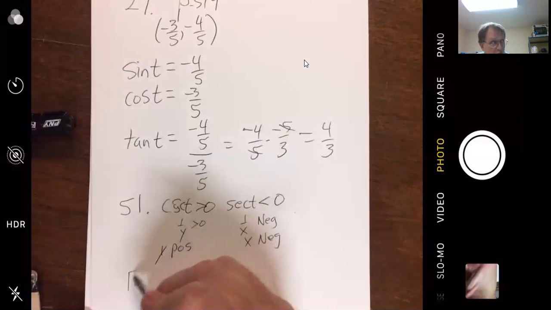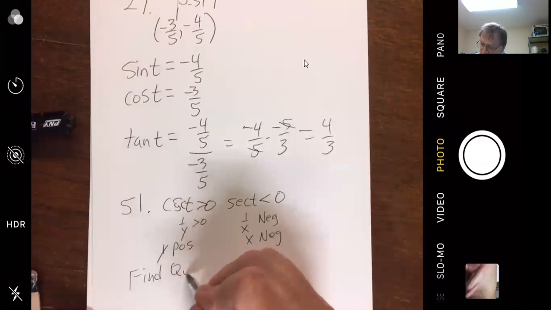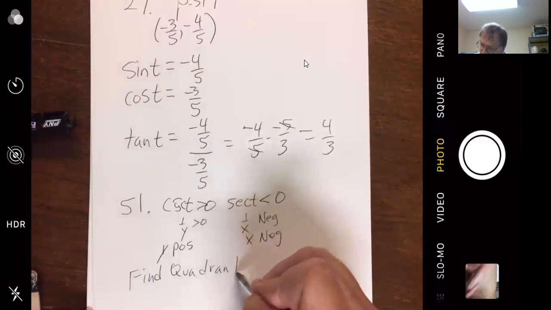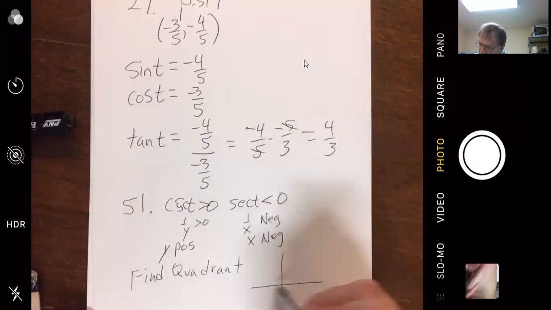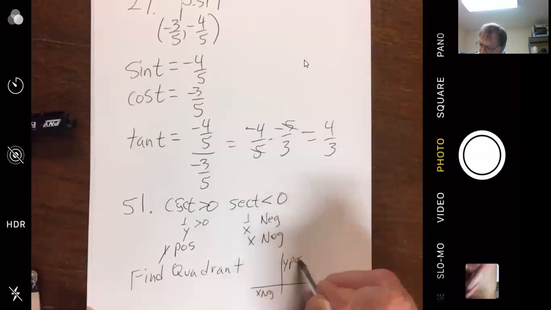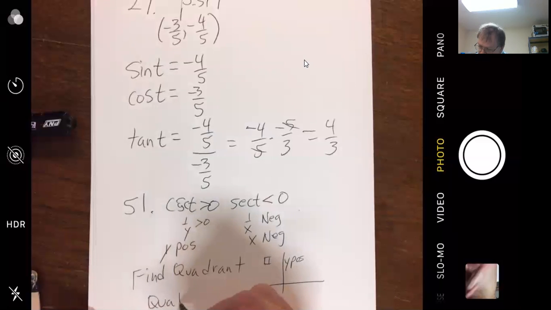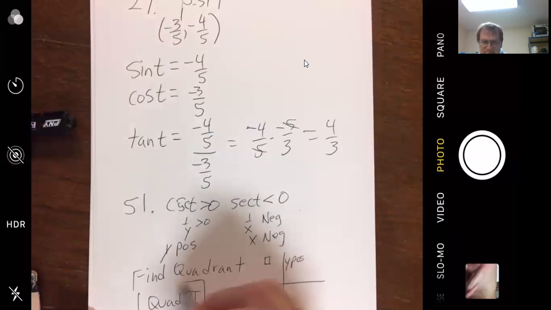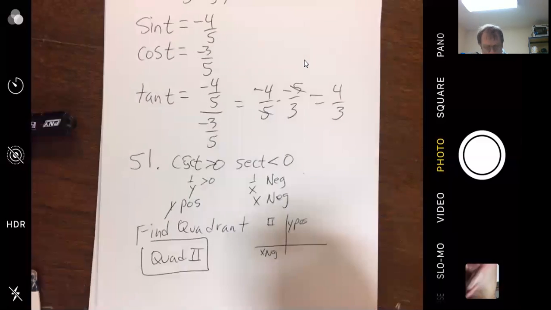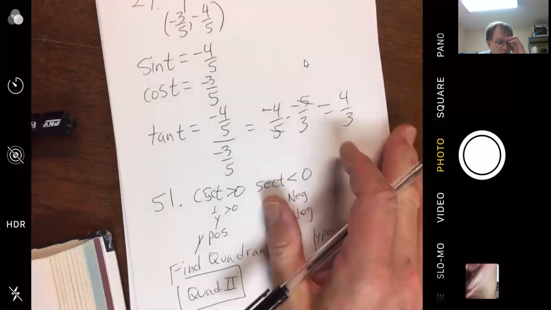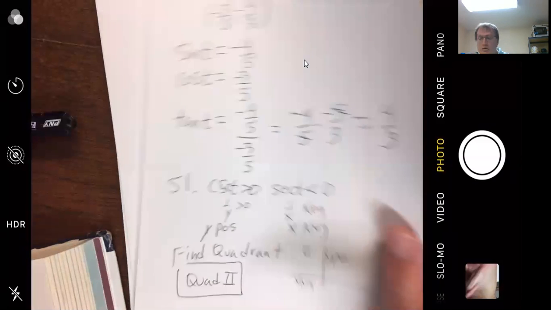I want you to find the quadrant. Well, if you've got x negative and y positive, quadrant 2. Quadrant 2. All right. We'll try a few others.